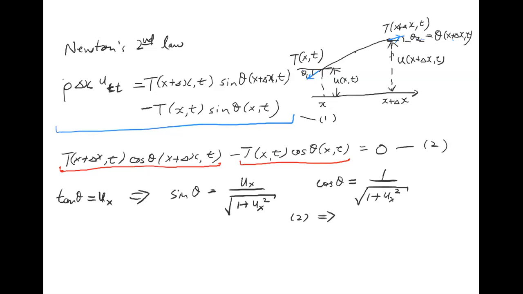So I can imagine you divide by delta x, and let delta x go to 0, the left-hand side will be just the partial derivative of this function, T cosine theta, with respect to x.